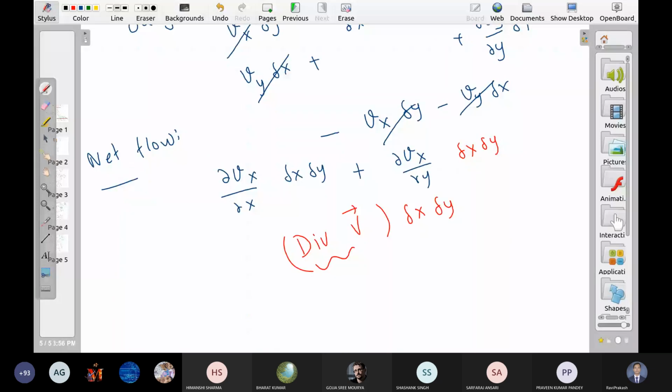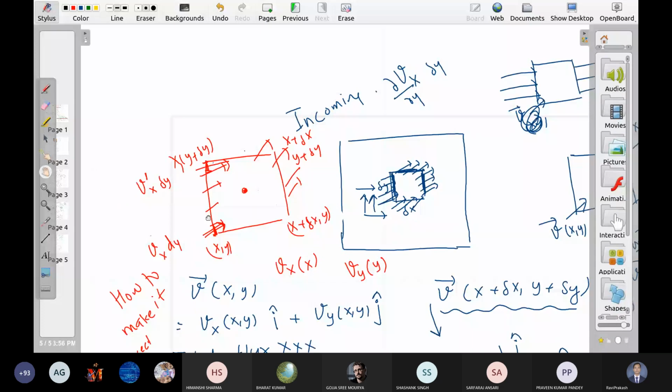This cannot be zero. Similarly, if net flow is negative, negative means more water comes in but less water comes out. It means there is a sink which is diverting water to some other location. In that case, net flow is negative, divergence is also negative.